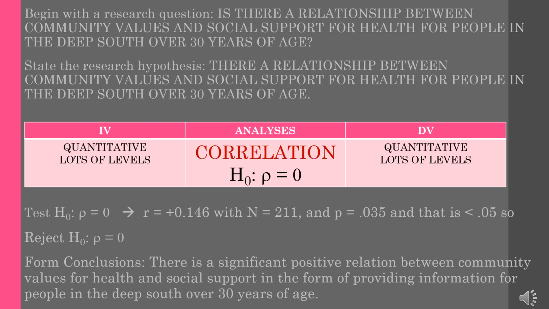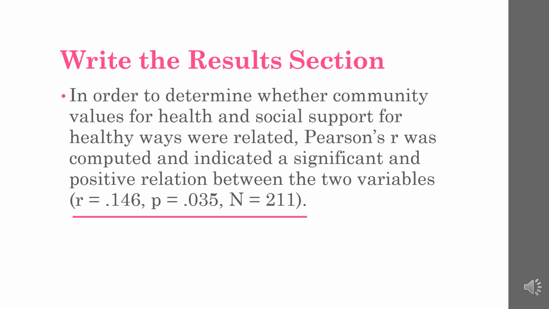We got an r of 0.146, and with N equals 211, p was 0.035, and that's less than 0.05, so we rejected the null. And we formed our conclusion. There's a significant positive relation between community values for health and social support in the form of providing information for people in the Deep South over 30 years of age. We can turn that into a short results section.